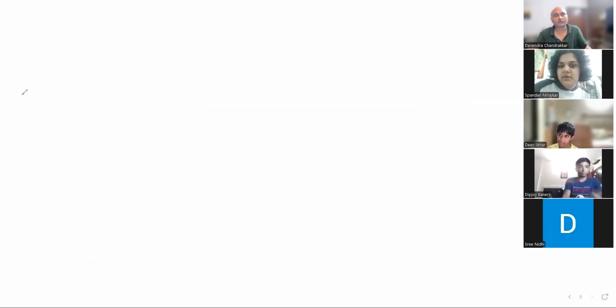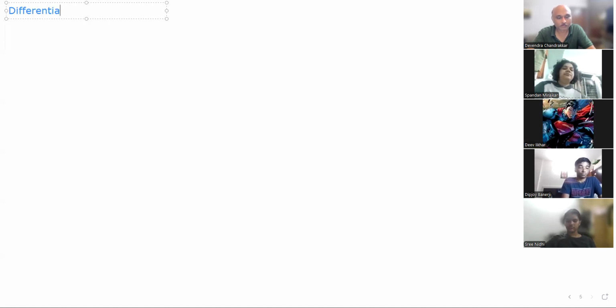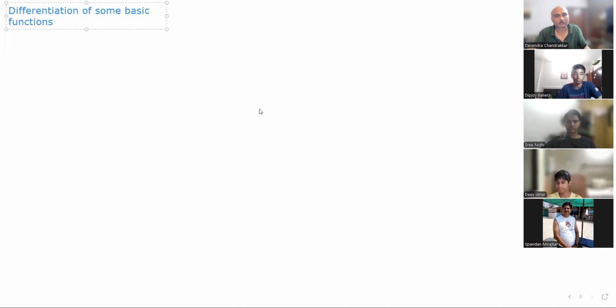We will not use it anymore from now onwards. Based on this, we know the differentiation of some basic functions. Using the first principle only, we derive them, but we don't have to go for the derivation of these functions.